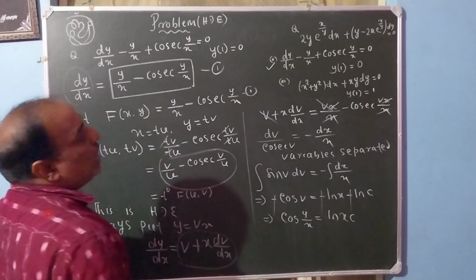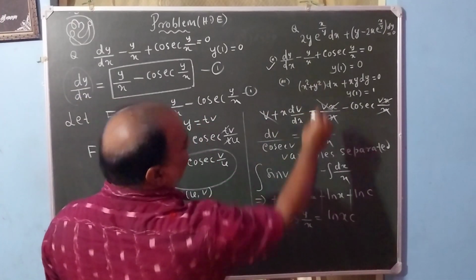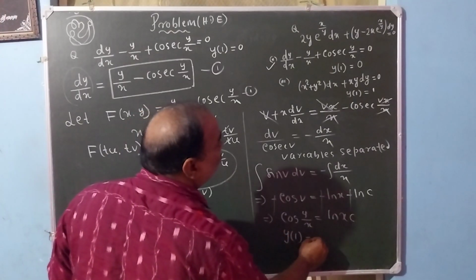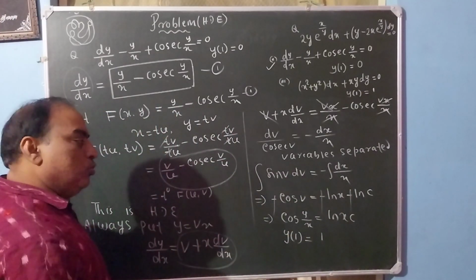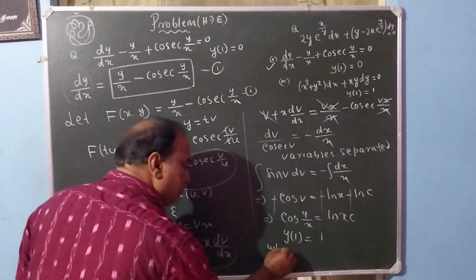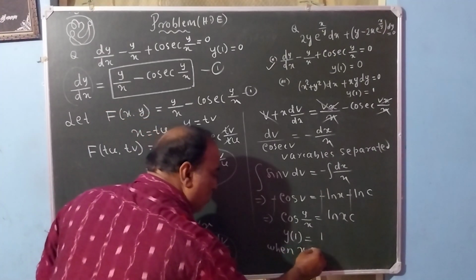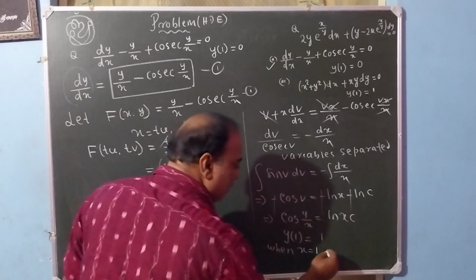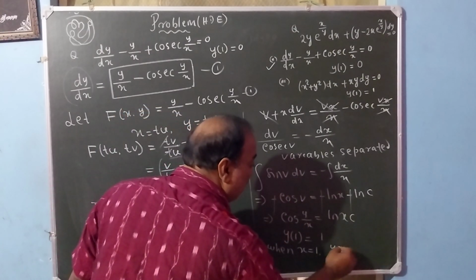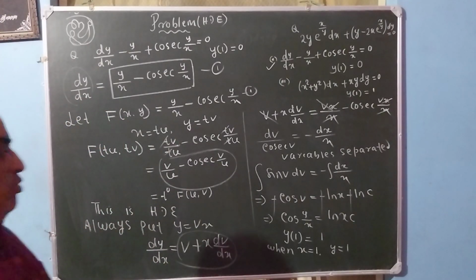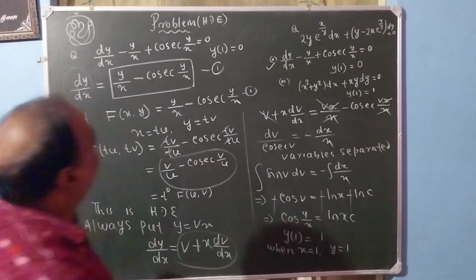Now it is given that y of 1 is equal to 0, whose meaning is when x is equal to 1, y is equal to 0.